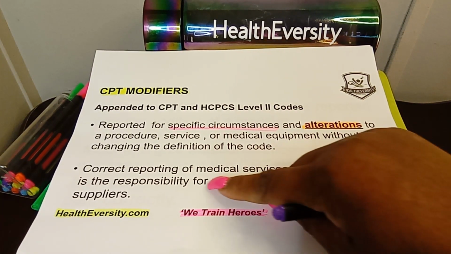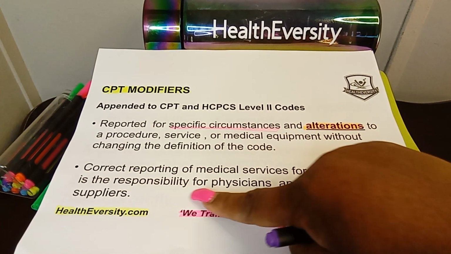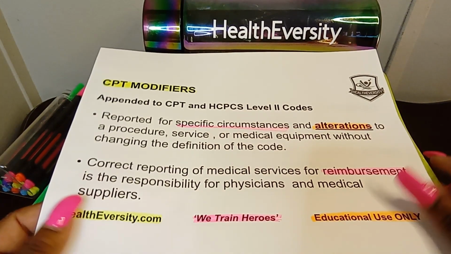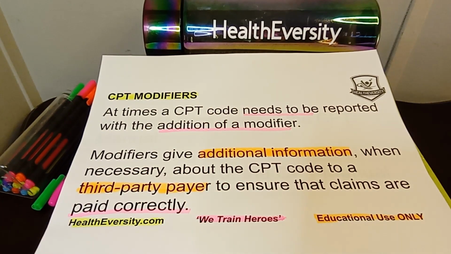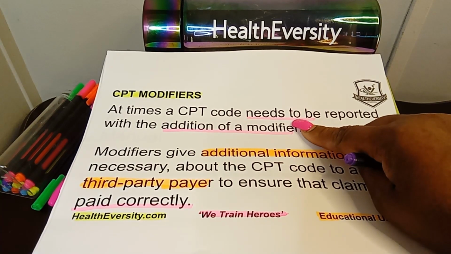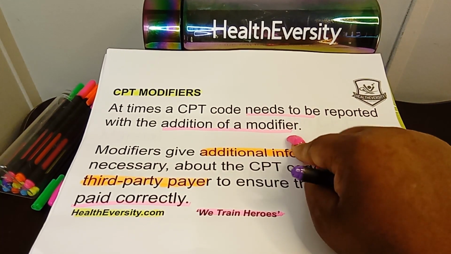Correct reporting of medical services for reimbursement is the responsibility of physicians and medical suppliers. So these people have to put the right modifier. You as a coder have to double check to make sure the modifier is right, and if not, you query the provider. Okay, CPT modifiers. At times, a CPT code needs to be reported with the addition of a modifier.